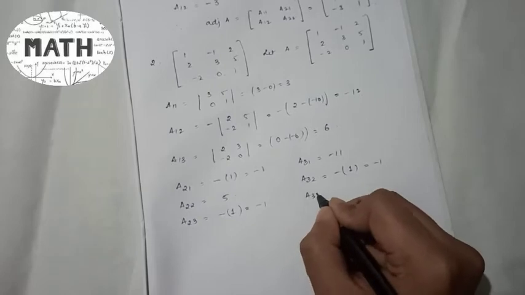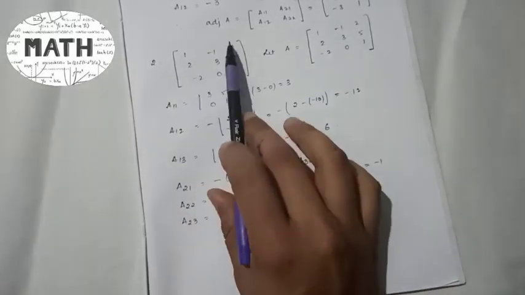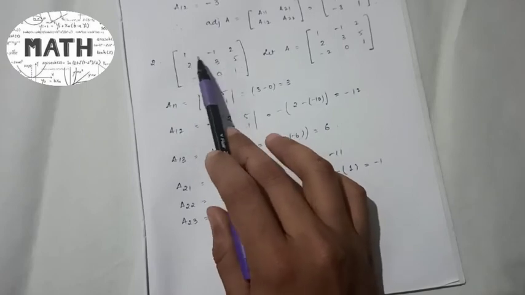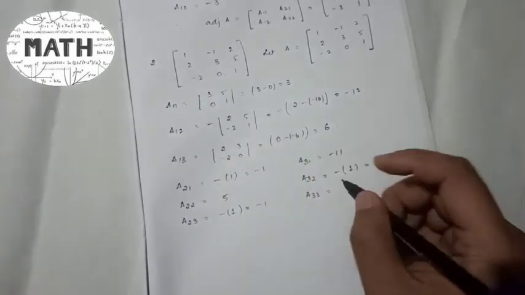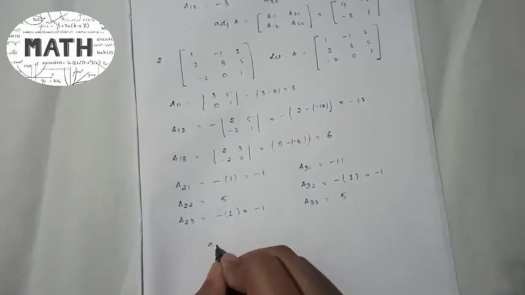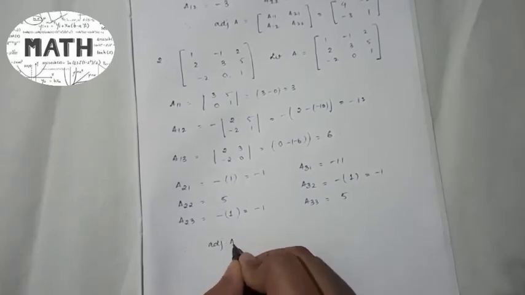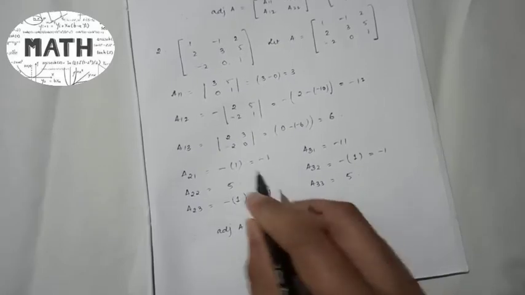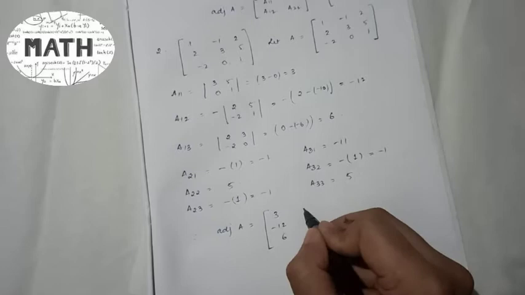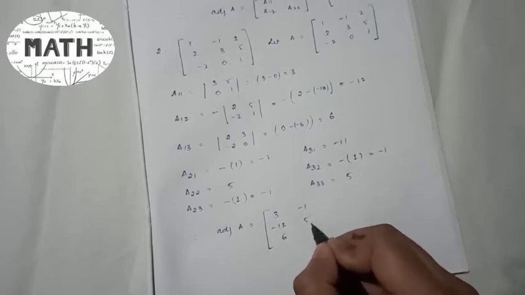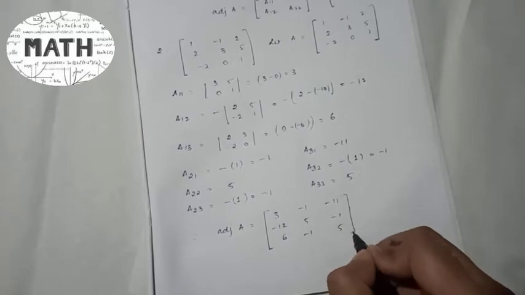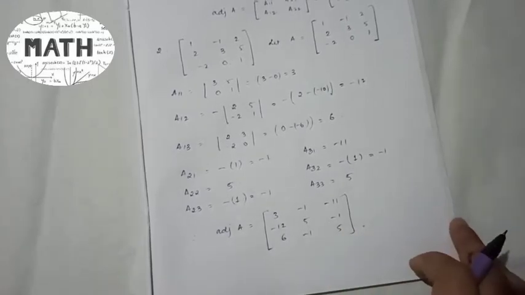And A33: 3 minus (-2) is 5, so the answer is 5. Therefore the adjoint of A is nothing more than A11, which is 3, minus 12, 6, minus 1, 5, minus 1, minus 11, minus 1, 5. So that's all about the adjoint of a matrix.